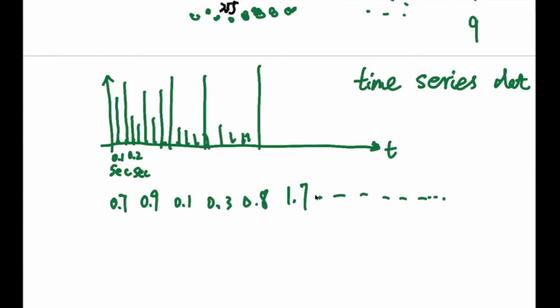Actually, this is the feature for the data point x1, this will be x1 subscript 1, x1,2, x1,3, x1,4. So this series of numbers is the feature for music.